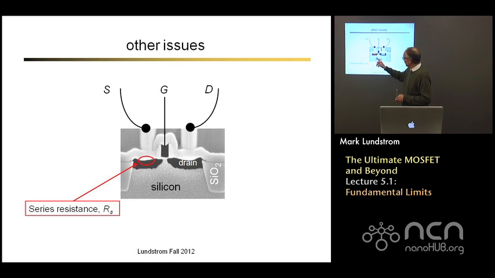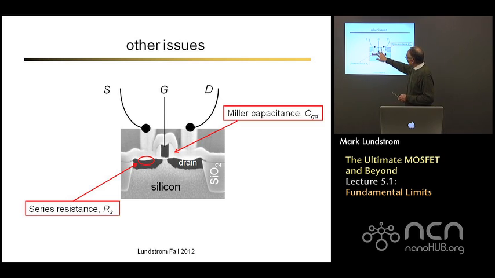You have a metal contact to the source and drain. That means you have some resistance. As you scale all of the dimensions down, that contact hole gets smaller and smaller, so the resistance gets bigger and bigger. And if the resistance is large compared to the resistance of the channel, then the performance suffers. The gate electrode and the drain electrode are very close together, closely spaced.